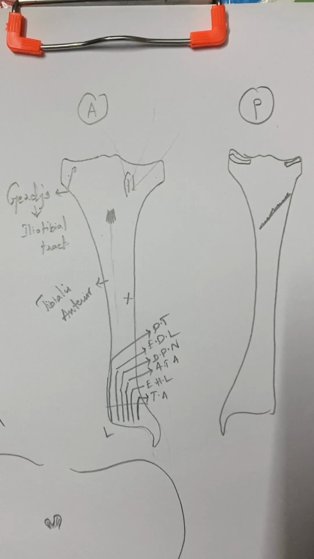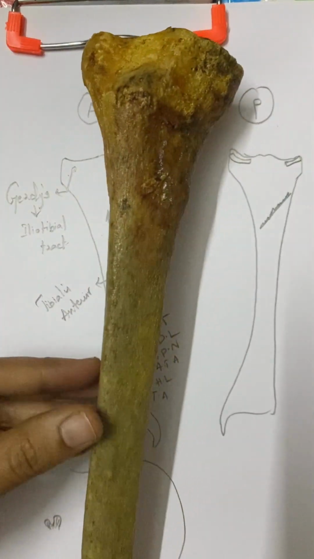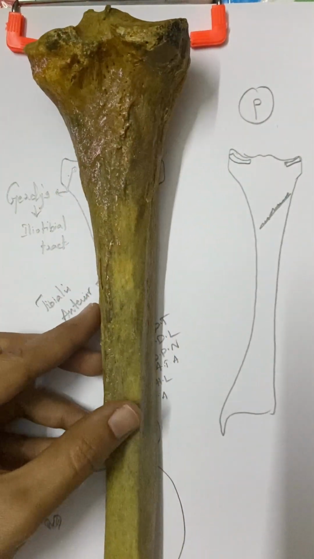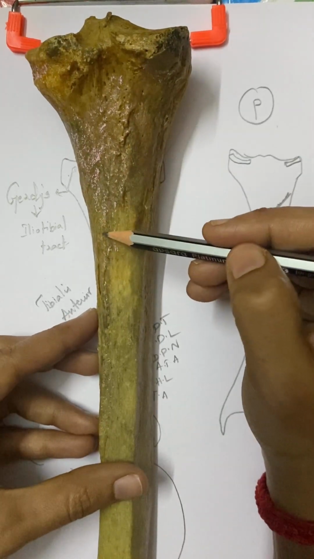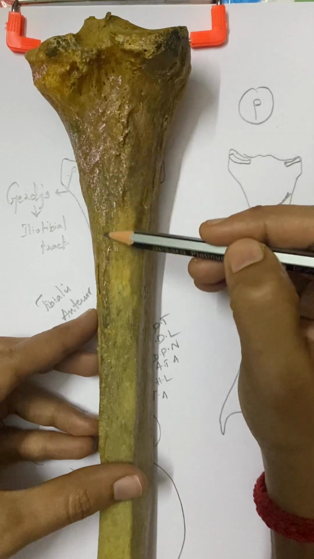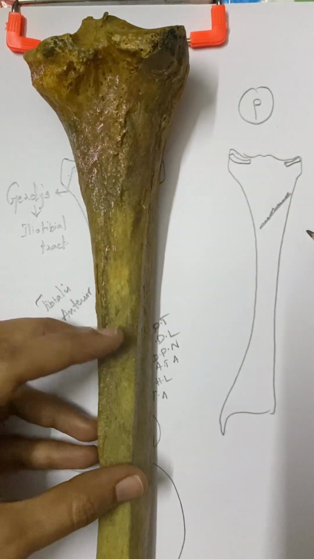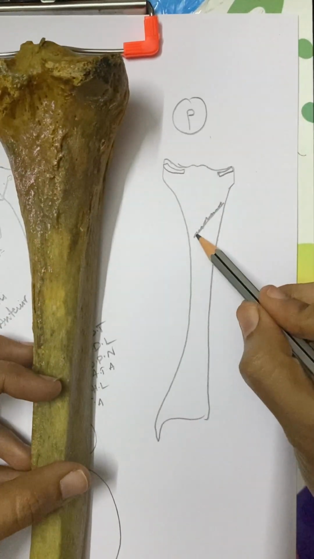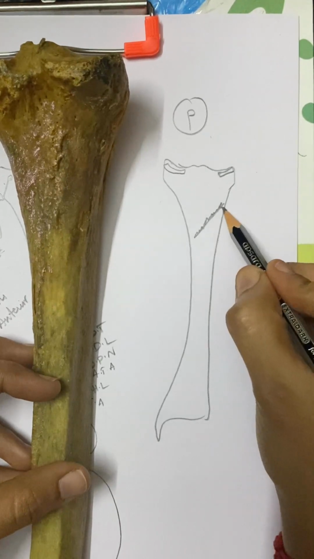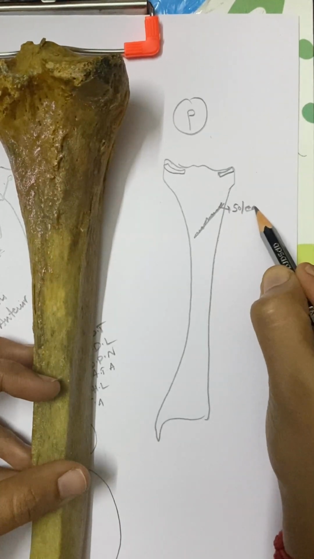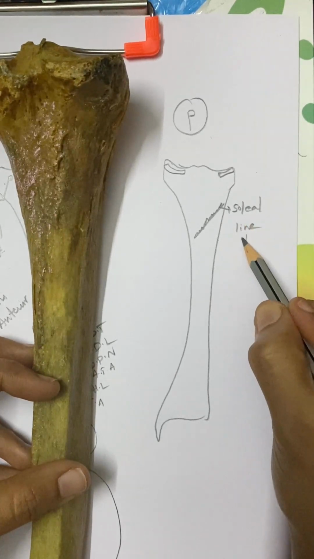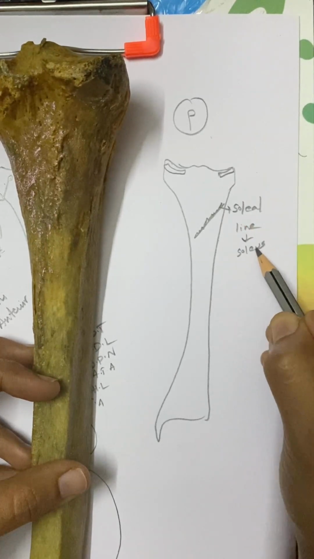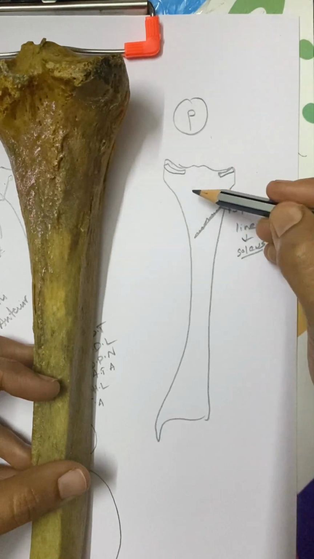Now here we can see the attachments in the posterior side. This oblique line in the posterior side is called soleal line. So this is posterior surface of tibia. The soleal line receives attachment of soleus muscle. Above the soleal line is the attachment for popliteus muscle.